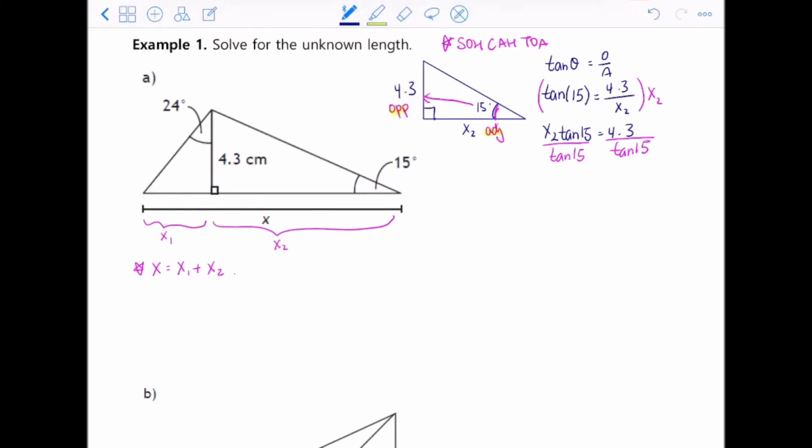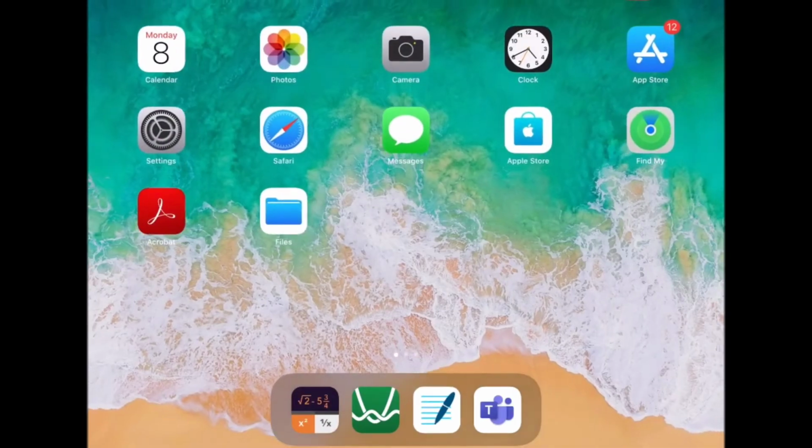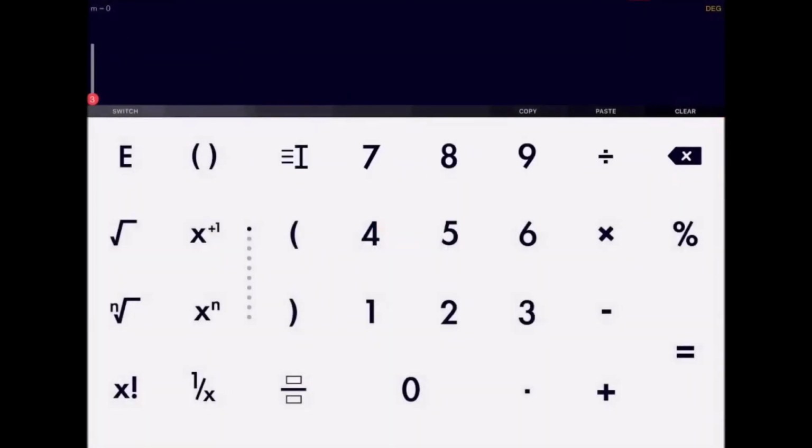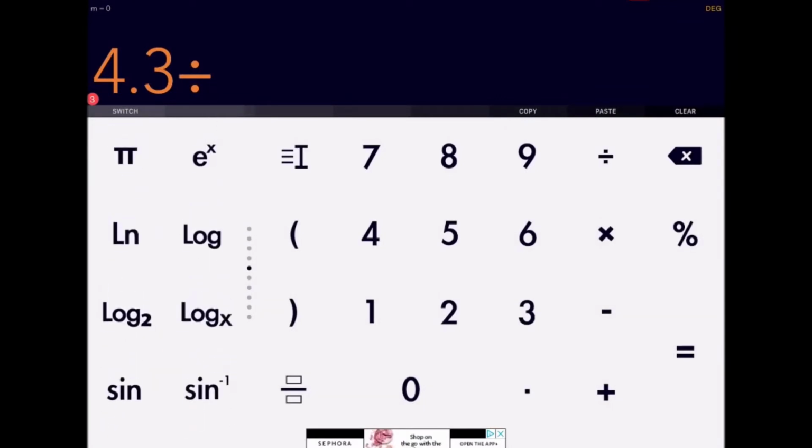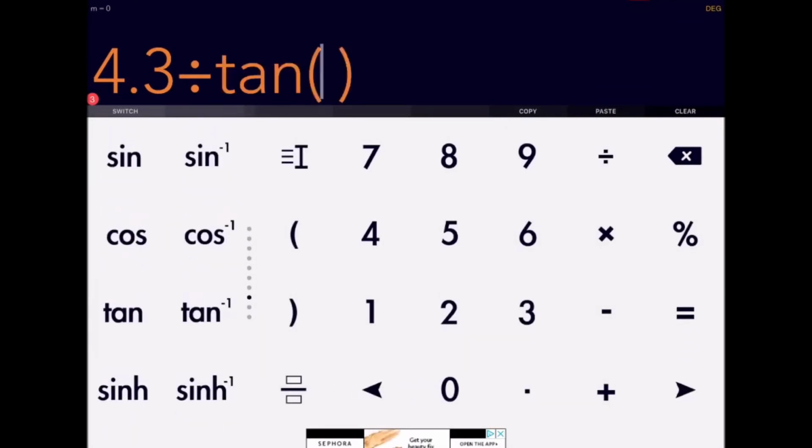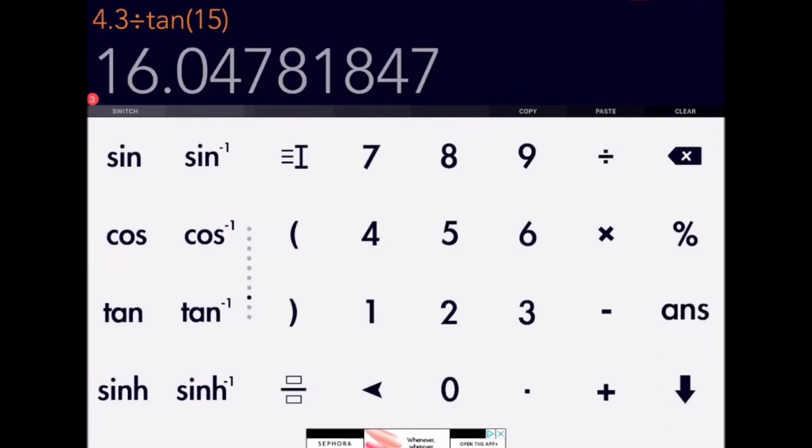It has to be together. So we have x2 equals 4.3 divided by tan of 15. 4.3 divided by tan of 15 gives us 16.05.